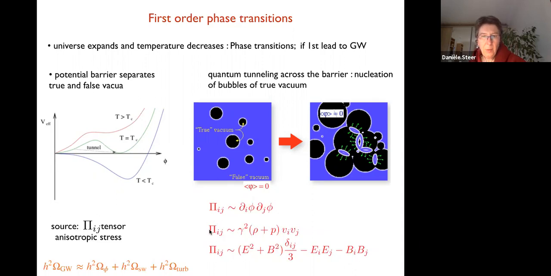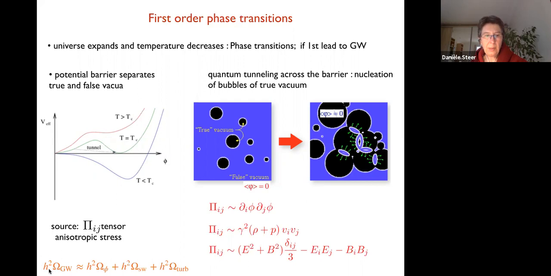The fluid motion gives you an anisotropic stress, it's just the anisotropic part of the stress energy tensor of the fluid. And then if you have electromagnetic fields, you can also have a non-zero anisotropic stress. So these three physical phenomena can generate gravitational waves in a first order phase transition.